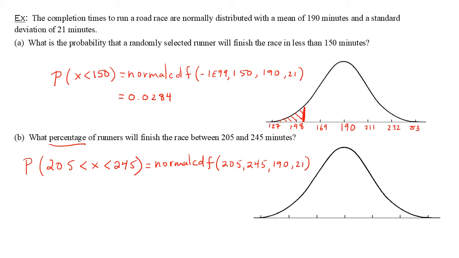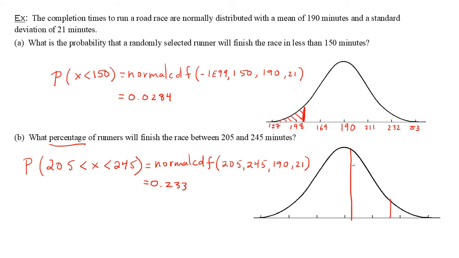So second distribution, normal CDF. Here I'll put 205 for the lower bound, 245 for the upper bound, 190, 21 for the mean and standard deviation like before. And so that'll give me something around 0.233. So in our picture here, we would have the same labels on the x-axis, but the idea is that between 205, maybe about there, and then 245, maybe about there.